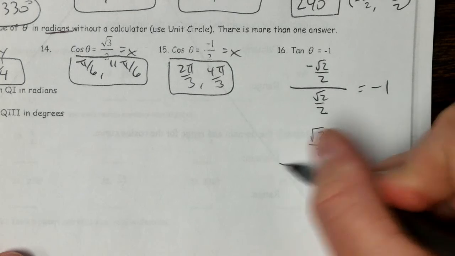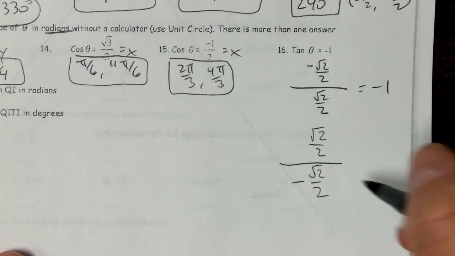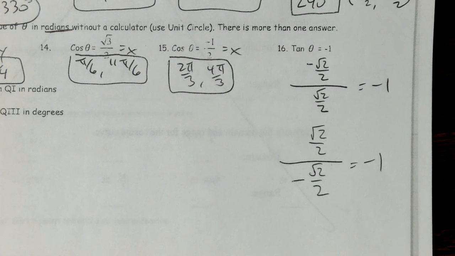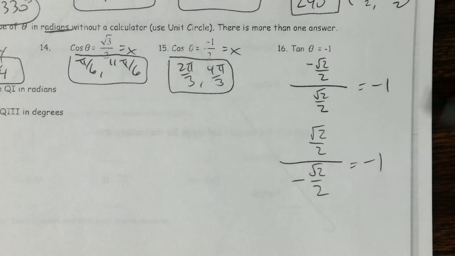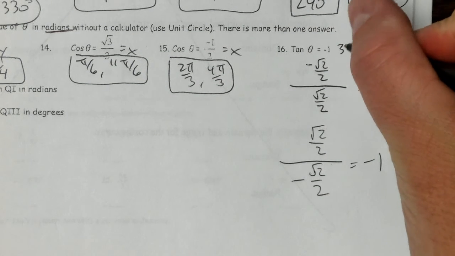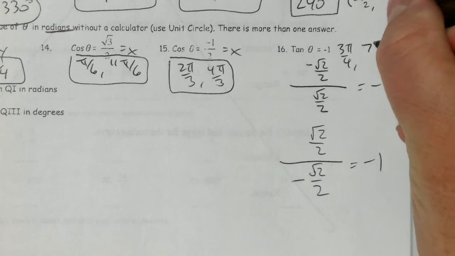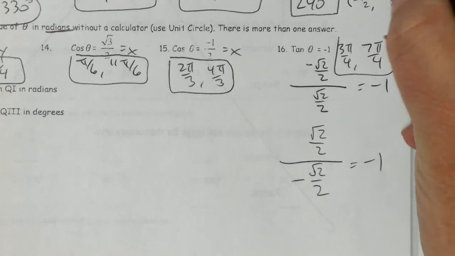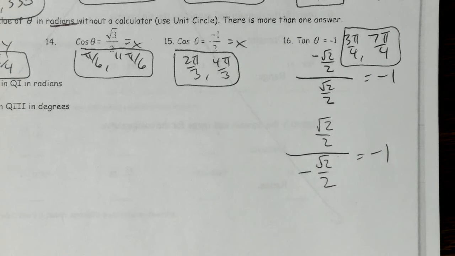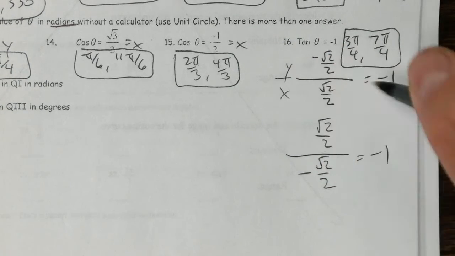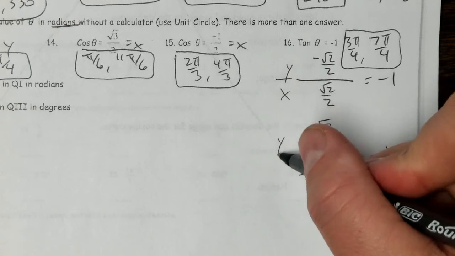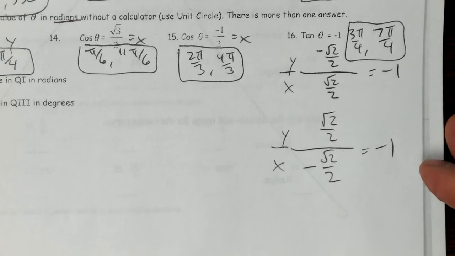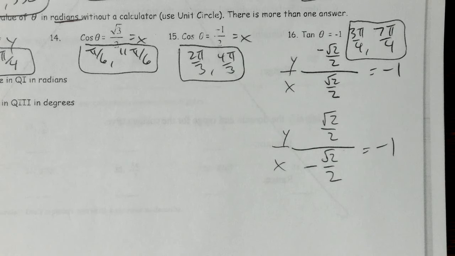And if you have the opposite, that's also negative 1. So that happens at 3 pi fourths and 7 pi fourths. Remember that it's y divided by x. So basically where they're identical, but one of them is negative.